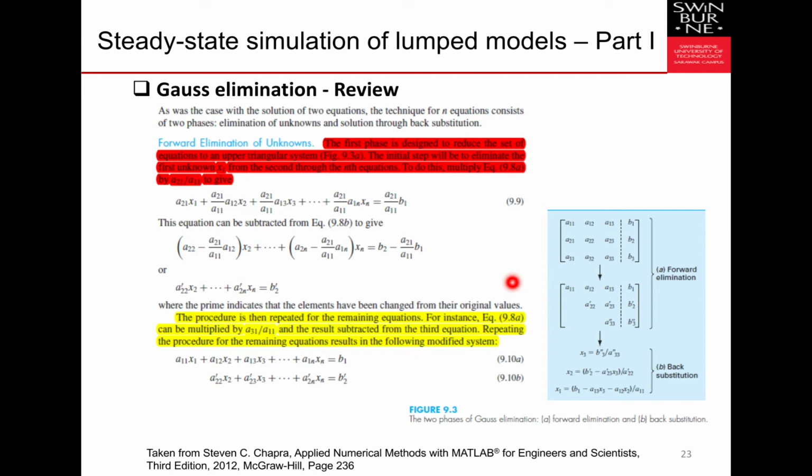One by one, we remove A21, A31, and then also A32, so that we get an upper triangular matrix like this. Once we fulfill this forward elimination, we can find the value of x3, and then substitute into the previous equations one by one in a step called back substitution.